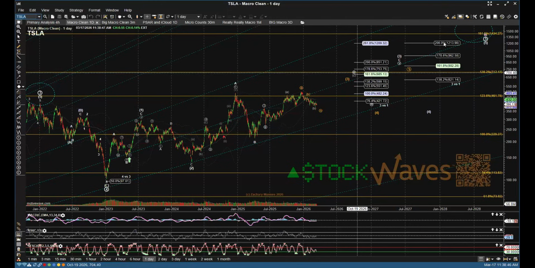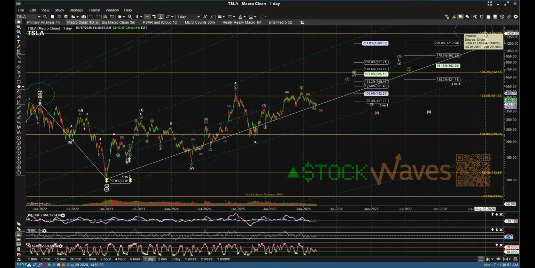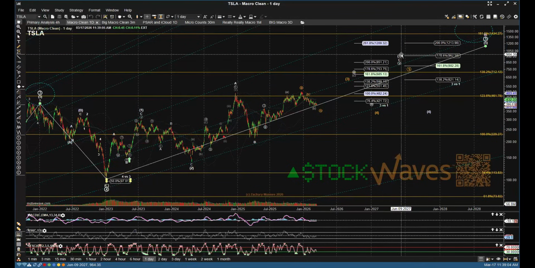So the larger count here, I'm counting a primary degree wave 5 of cycle wave 3 for Tesla off of its January 2023 low. So we have the ABC up for wave 1, an ABC for wave 2. We have a very extended A wave of wave 3.